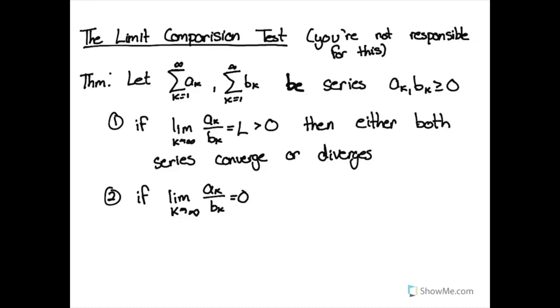In this case, the convergence of the sum of b_k from k equals 1 to infinity implies the convergence of the sum of a_k.